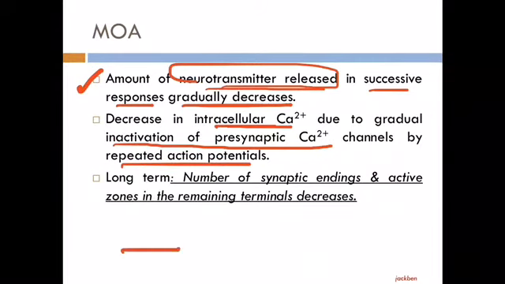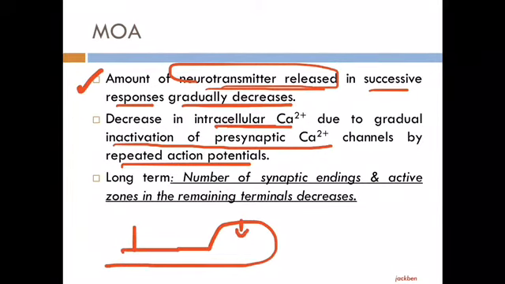Say in the presynaptic neuron, on the first action potential, there is opening of the calcium channel and movement of calcium inside. Then the second action potential, and similarly if you provide the third, the fourth, the fifth, I am depicting them with different colors. In the second, there will be opening of the calcium channel, but it will be lesser than the first one.